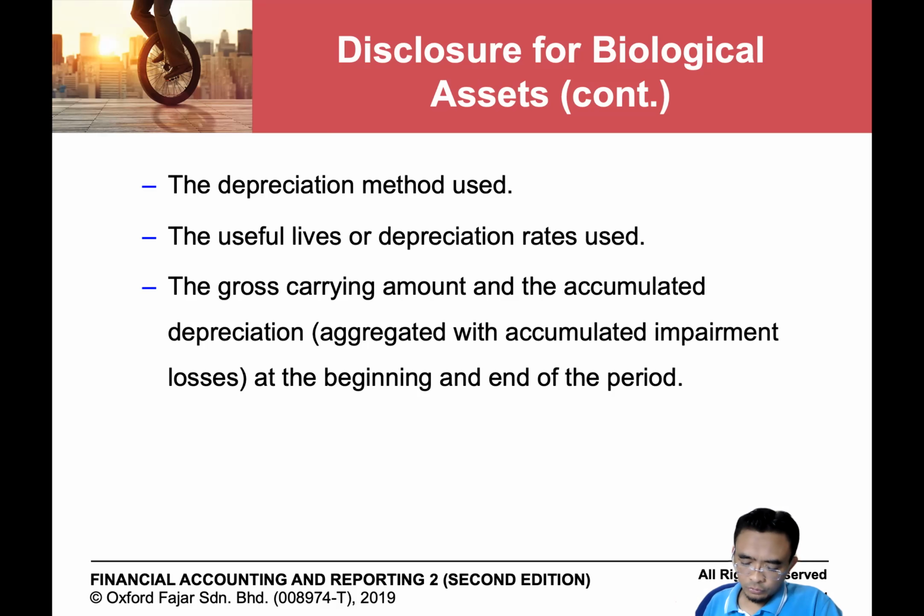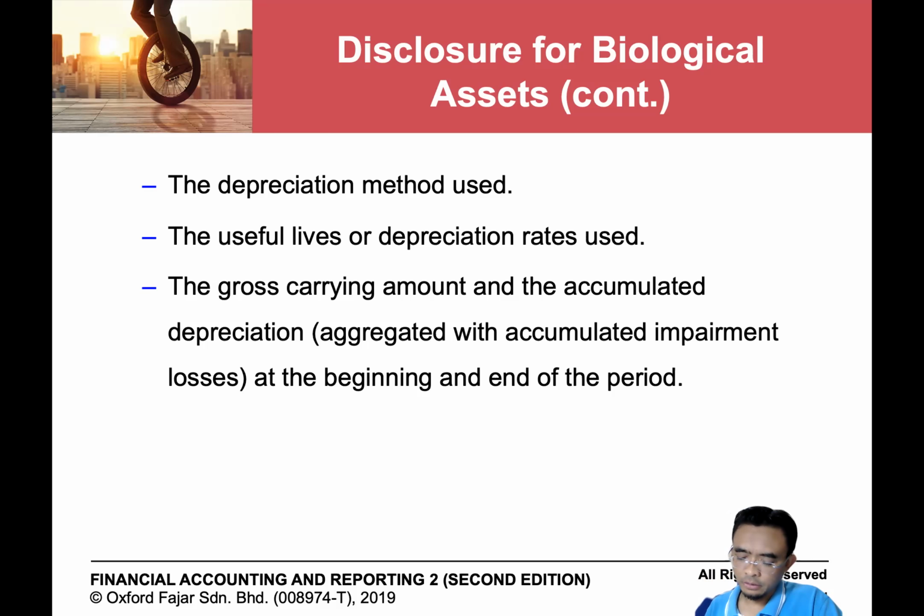The palm fruits, the fresh fruit bunches, as long as they are attached to the oil palm trees, are a produce growing on a bearer plant, so they will be covered under MFRS 141. But once they have been harvested from the trees, they become finished goods, finished products.